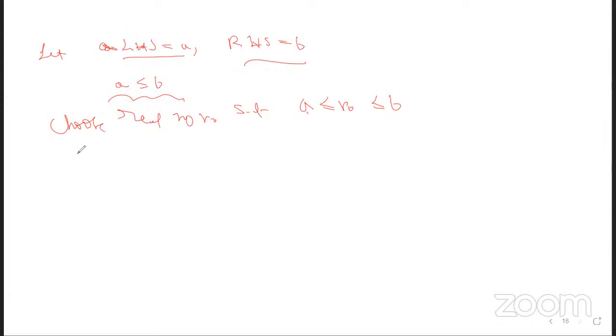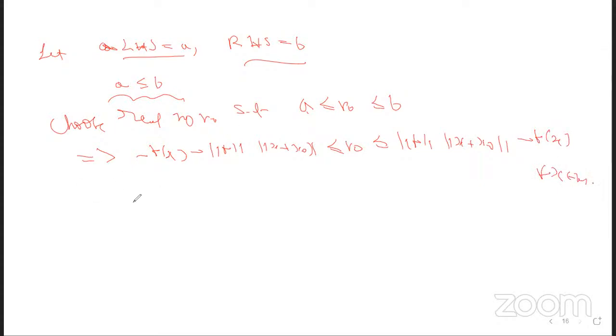So this follows that minus f of x minus norm of f, norm of x plus x naught, is less than or equal to r naught, which is less than or equal to norm of f, norm of x plus x naught minus f of x, for all x belonging to capital M. So that implies norm of f, norm of x plus x naught is less than or equal to r naught plus f of x, because this minus f of x we are taking inside, right?